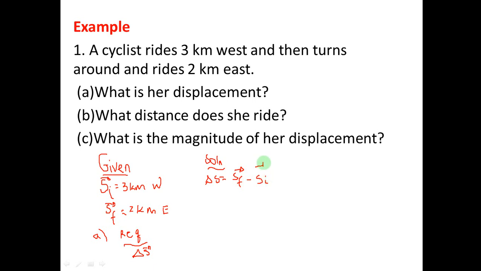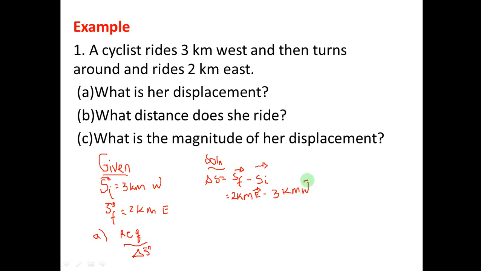What is the final position? The final position is 2 kilometers to the east direction, minus, to show that east is a direction you can put an arrow at the top, 3 kilometers to the west.